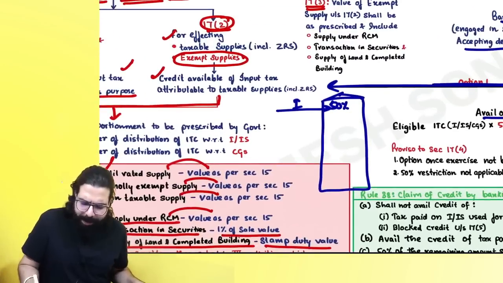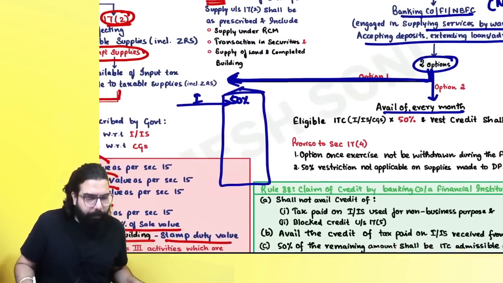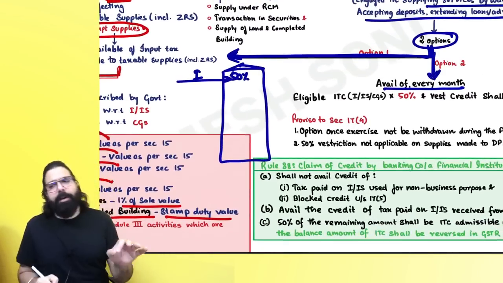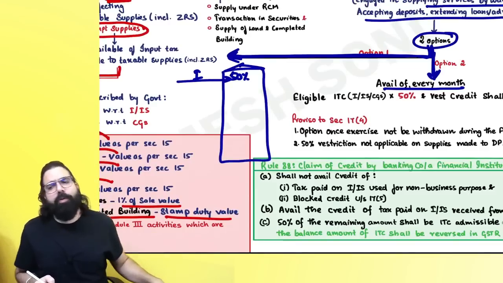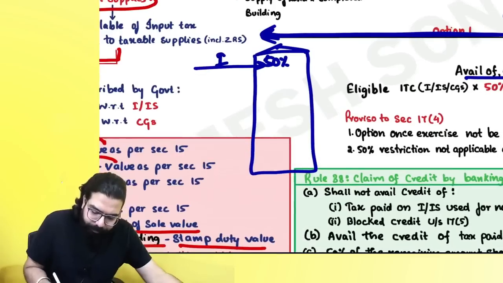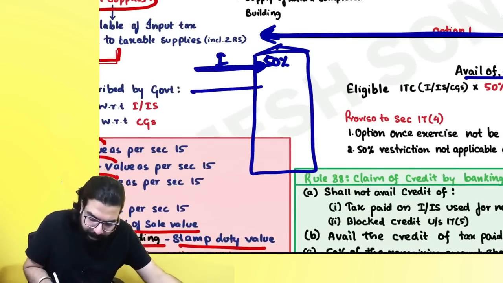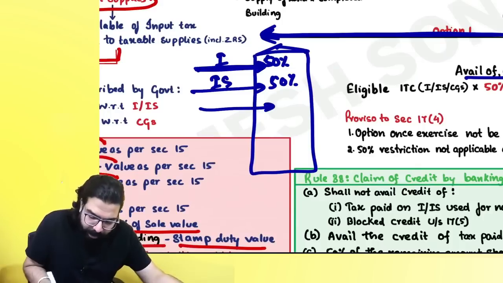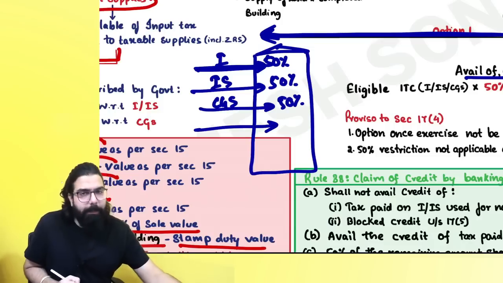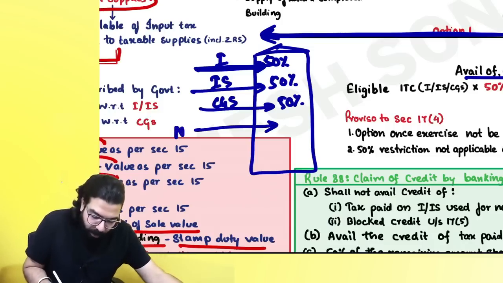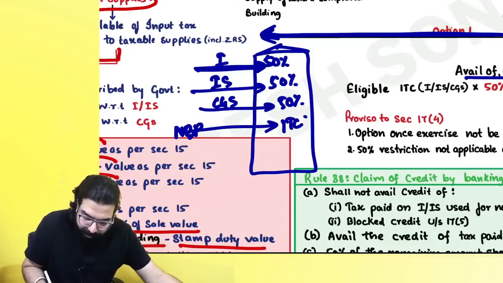The government told them, okay, apply option number 1, that is apportionment, or you can go with option number 2, under which the government says inputs you can take 50%, input services you can take 50% credit every month. Sir, if you buy capital goods, please take 50% credit. If you buy anything for non-business purposes, don't take the input tax credit.